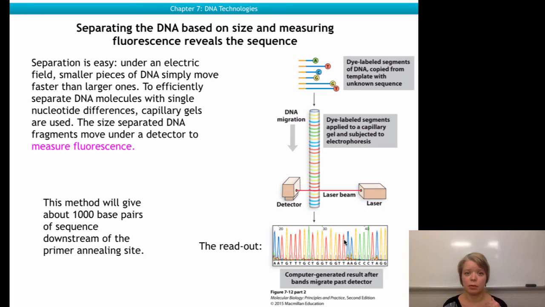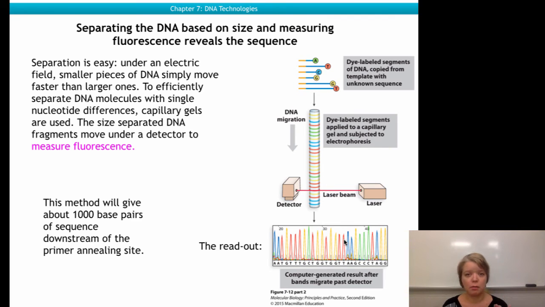Then you take these DNA molecules and you separate them by size, and you detect, based on the fluorescence of your dideoxy terminator for each of these DNA molecules, what kind of DNA nucleotide was incorporated at that very last step.